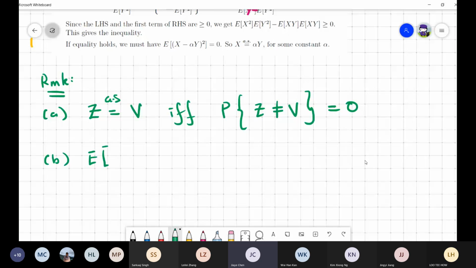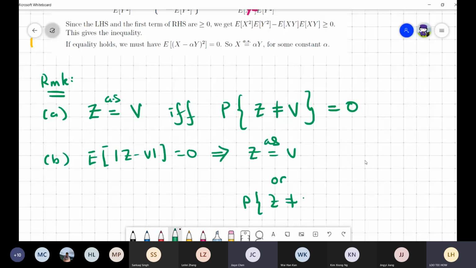If E of Z minus V is equal to 0, then Z will be equal to V almost surely, or the probability of Z not equal to V is equal to 0.